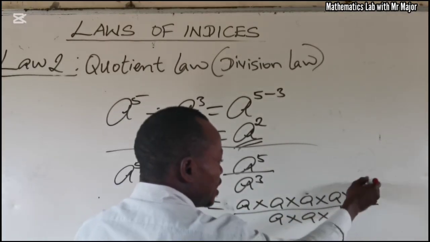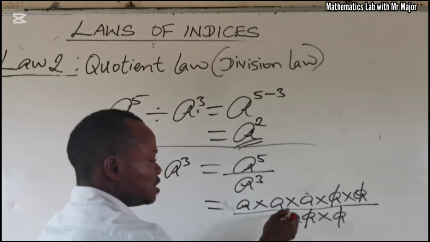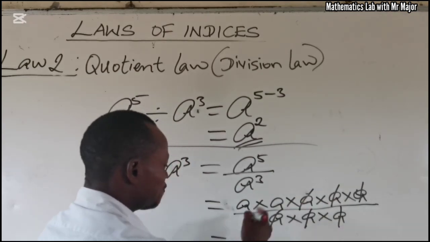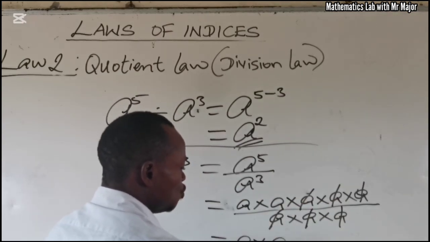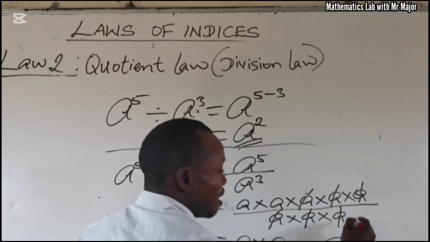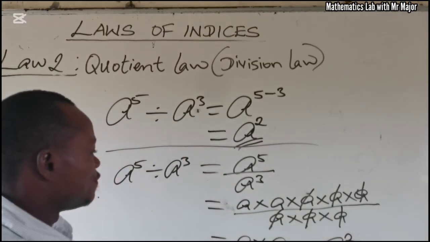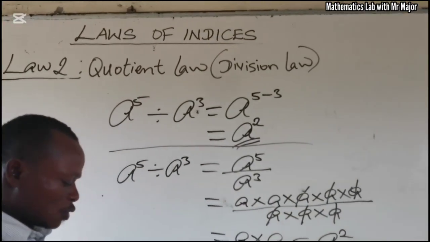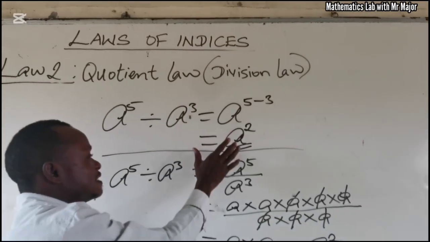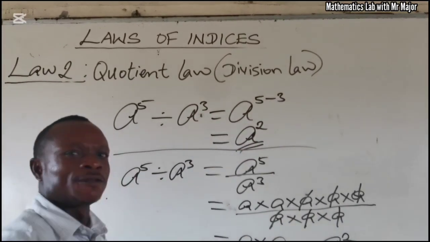So here, a will cancel, a will cancel, a will cancel. We are left with a times a, which is equal to a raised to the power of 2. So instead of using this conventional method, the second law of indices makes it very short.